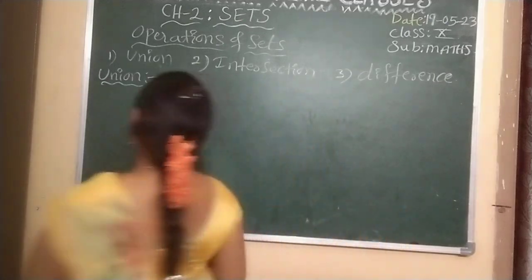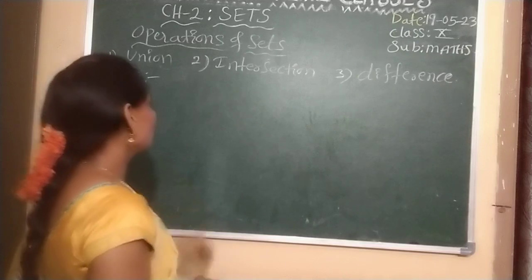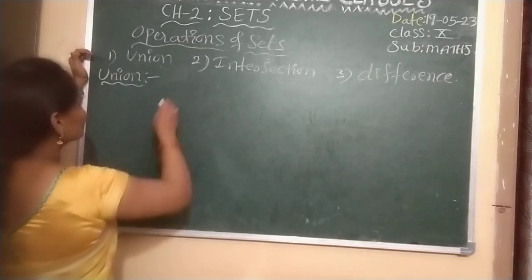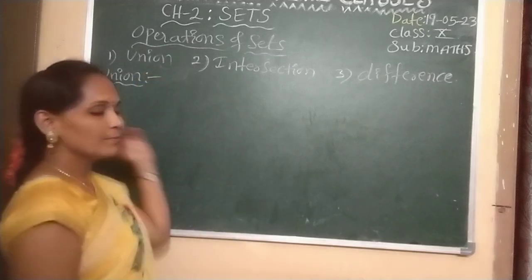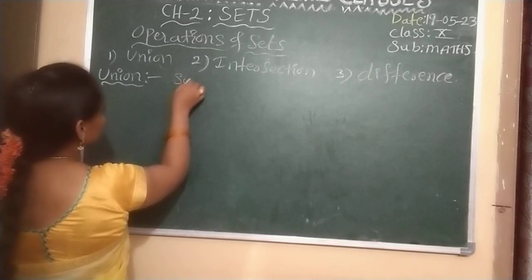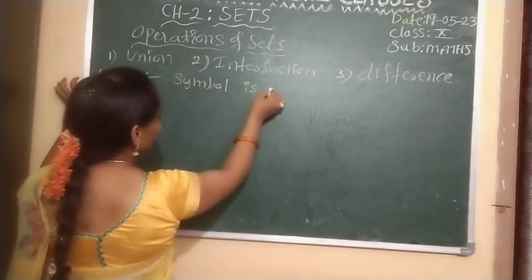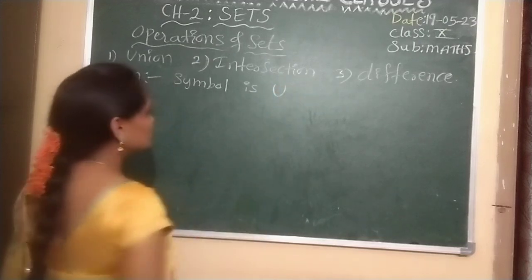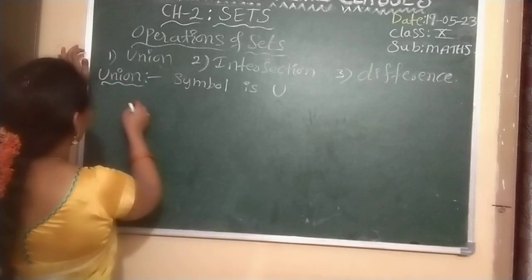Now, how can we do this operation on sets? Before going to the operation, what is the representation of union? The symbol is like this, this is the union symbol. Now I have an example.